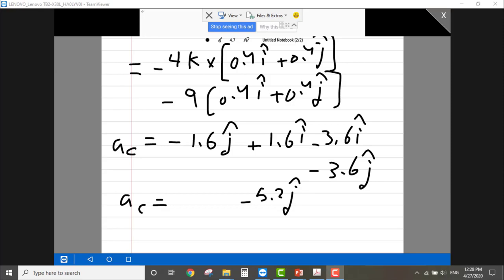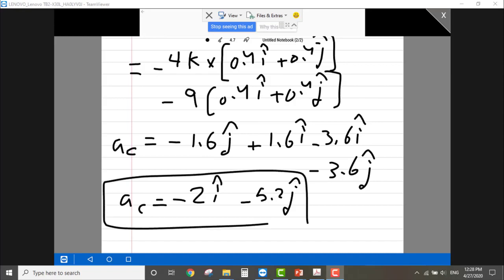And we have 1.6 minus 3.6, so this gives us minus 2 in the I direction. So these are the unknowns for link AC. We have two unknowns, BC and AC, so we can get them easily.